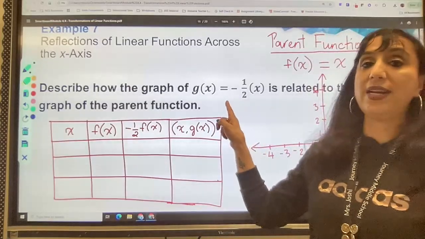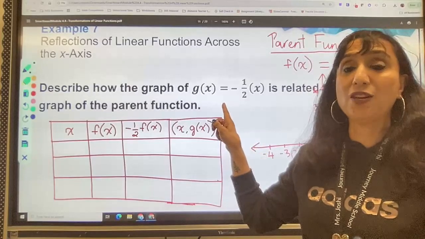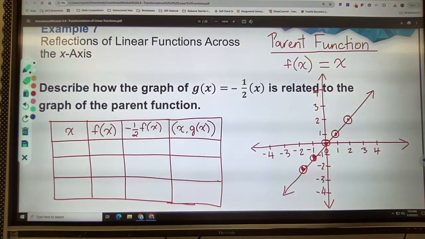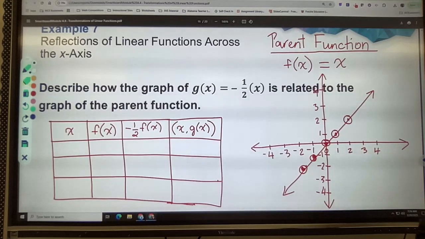So it already tells me that it is reflected across the x-axis. Okay, and also the graph of g of x is equal to negative 1/2 of x is the graph of the parent function, vertically compressed and reflected across the x-axis.